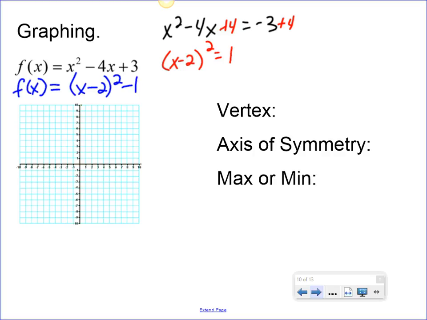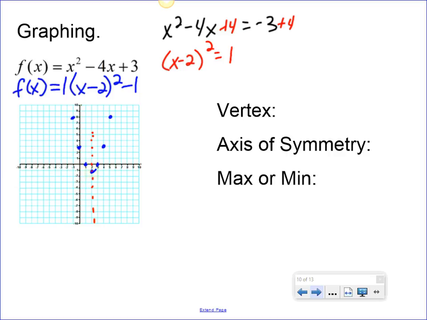From the previous video, we should now know that that's going to be a shift right 2, down 1. Right 2, down 1. There's my vertex. My axis of symmetry would be here. I know that the a value is a 1, which means it's going to open up. It's going to have the standard pattern. Up 1 over 1. Up 3 over 1. Up 5 over 1. Okay, I can mirror them across.